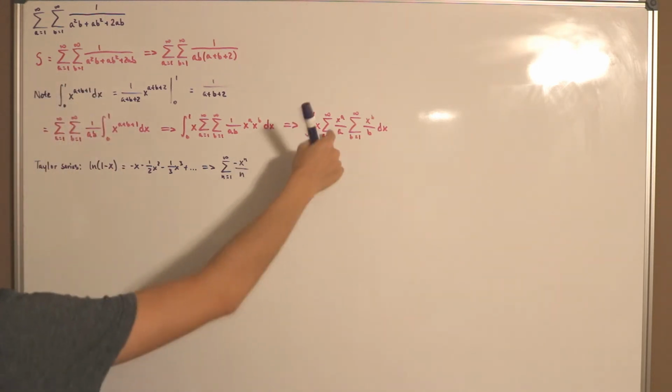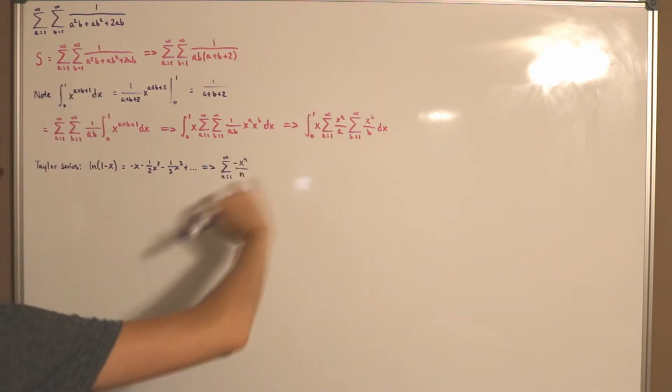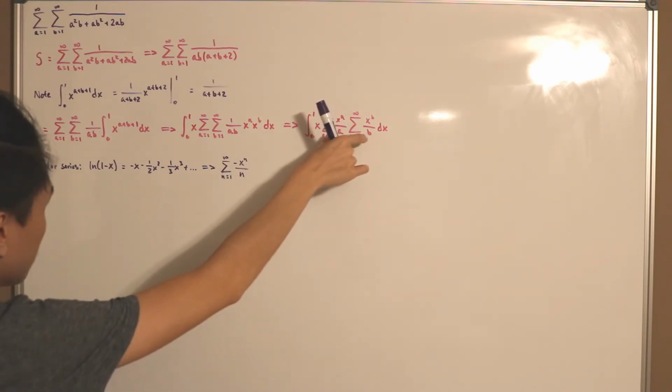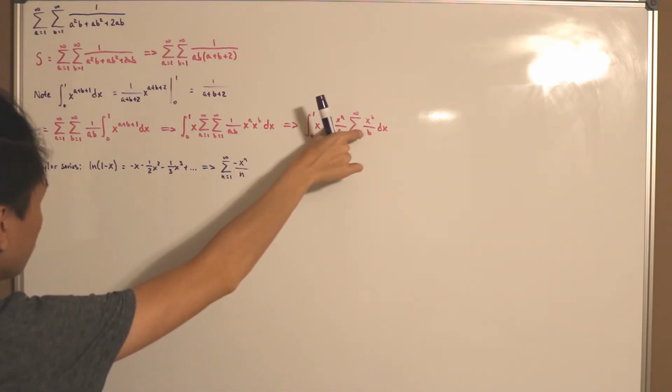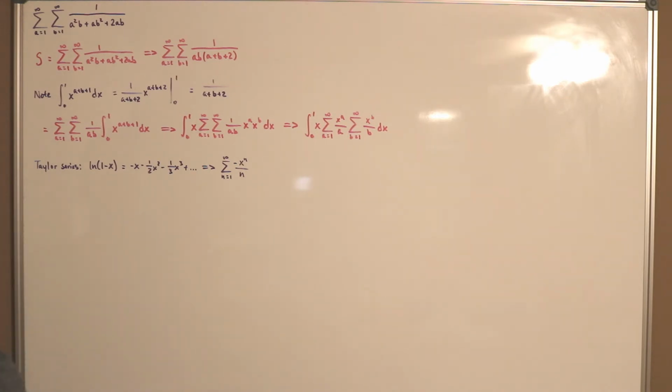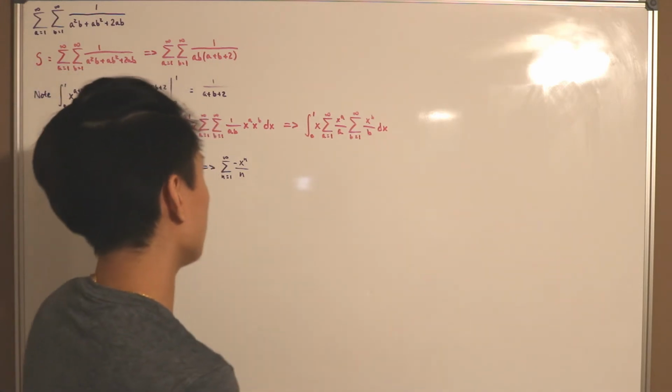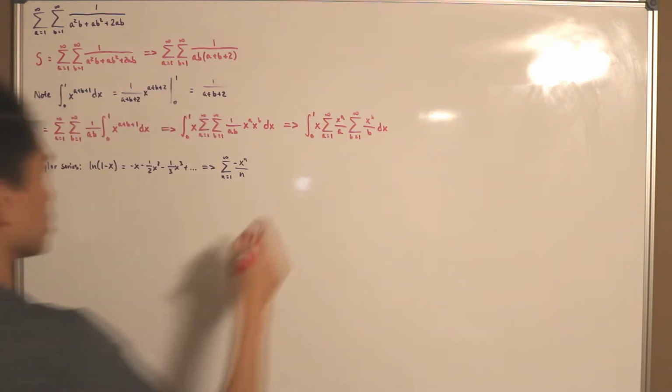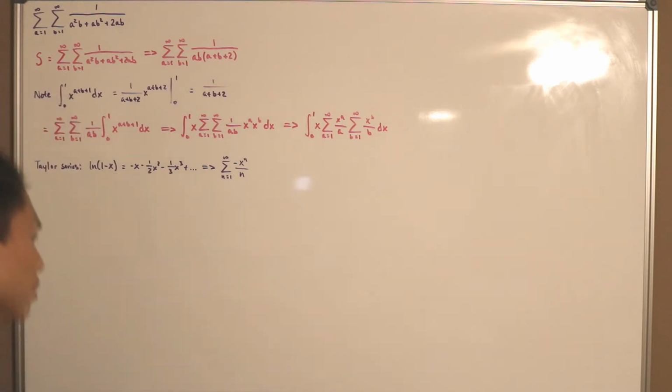Because this is positive and there's a negative, pretty much we're just going to be replacing both of the summations with the negative of ln of 1 minus x. Okay, so then we replace this. I'm going to write it over here.